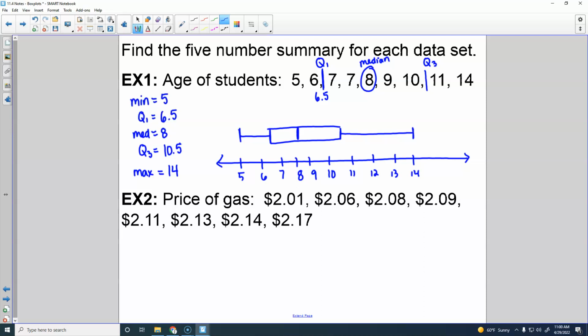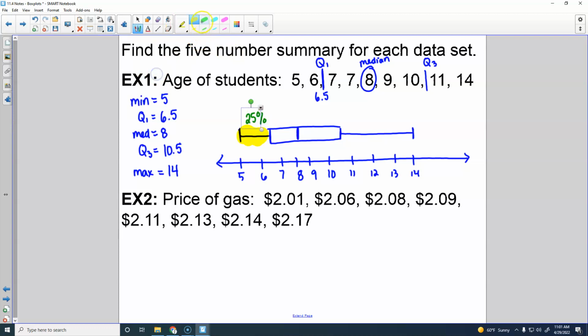So box plots kind of show us how the data is spread out. It does show you the median, but it doesn't show you a lot of other information. What you have to remember with a box plot is each section of the box contains 25% of the data, right? So right here, this section contains 25% of the data.